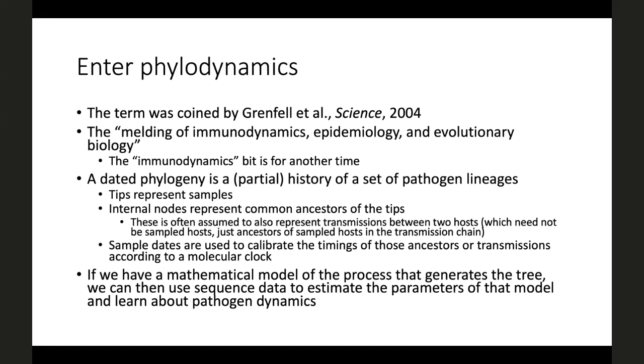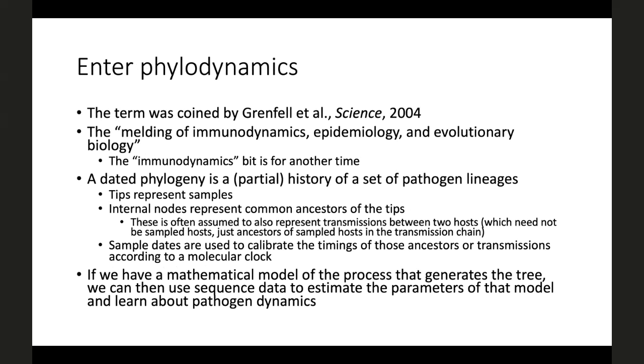That's not to say that they're transmissions between the two hosts that you sampled, just as when you're doing phylogenetics, you're looking at unsampled common ancestors that aren't necessarily organisms that you know about. Similarly, these are events that split the lineages, which in an epidemic would have to be a transmission, but it wouldn't necessarily have to be a transmission between sampled hosts.